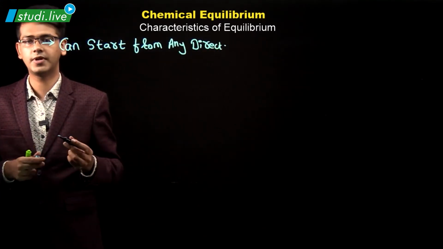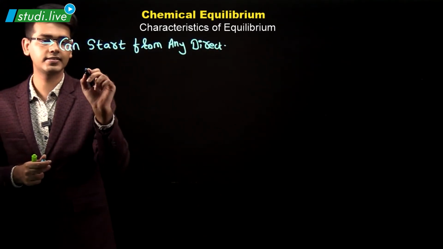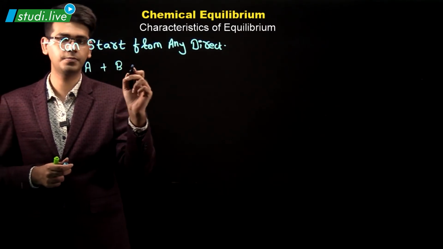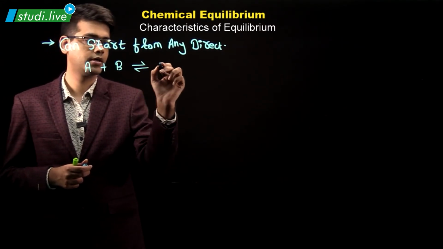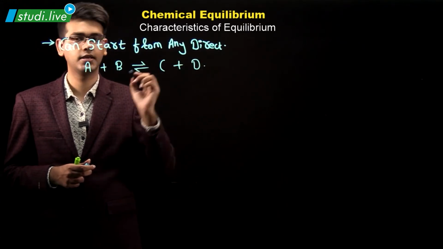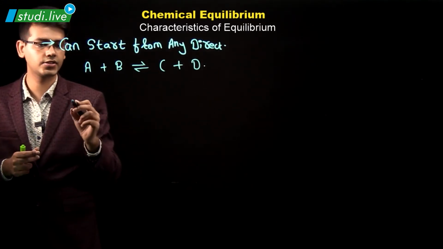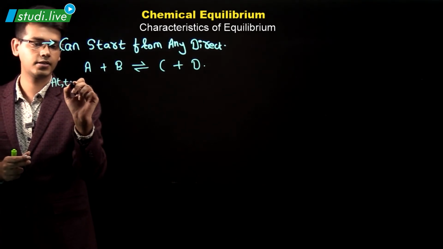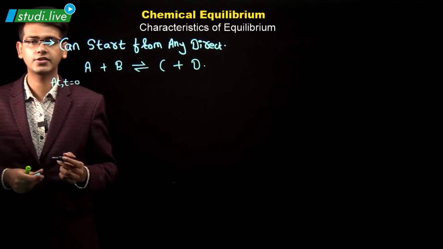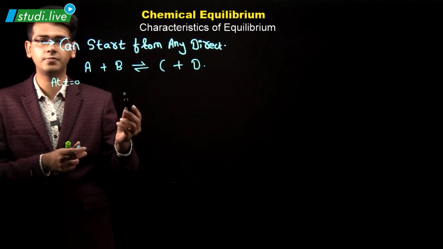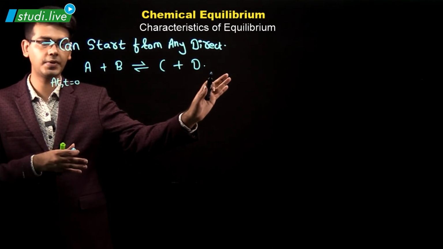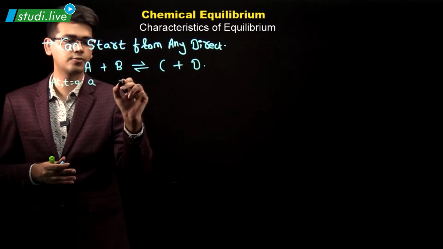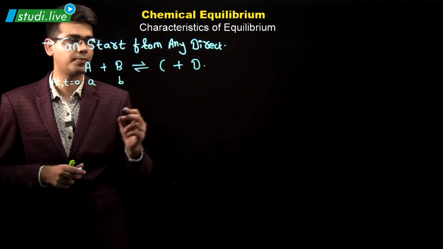Now, what does this particular sentence indicate? Let us understand this. Let's say we have an example of a reaction A plus B equilibrium C plus D. It can start from any direction. It means that, for example, at t equal to 0, the reaction can start from A plus B and can proceed towards C plus D. That is, small a moles of A will be present, small b moles of B will be present.